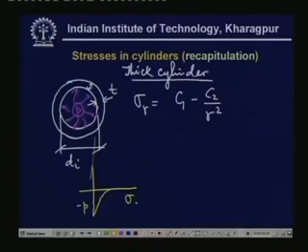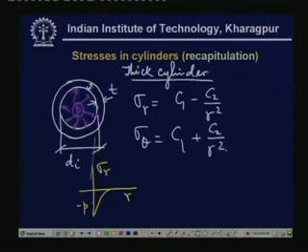So this is r, and this is sigma r, and sigma theta is again taken to be C1 plus C2 divided by r square. Now, C1 and C2 are constants and they are to be obtained from the boundary conditions.